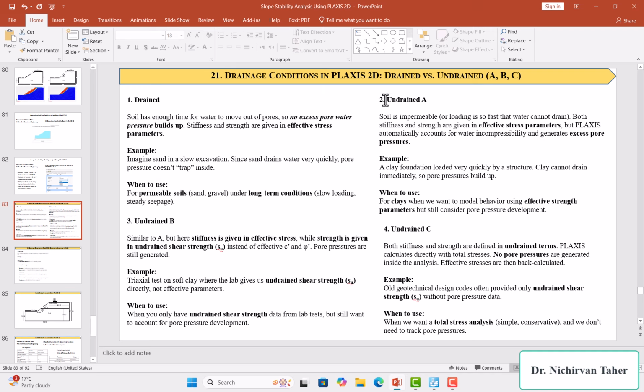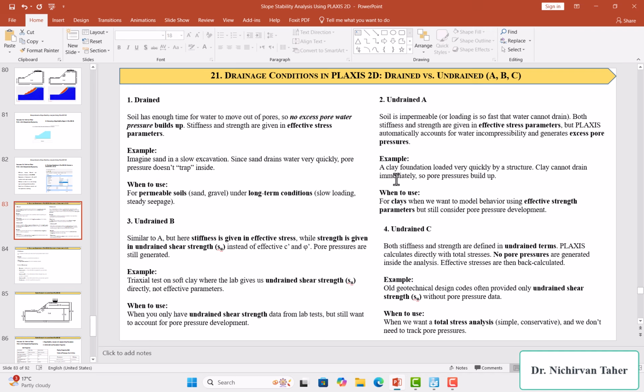This case is almost similar to the drained condition in terms of defining the stiffness and strength parameters, except that in this undrained condition the excess pore water pressure is generated.